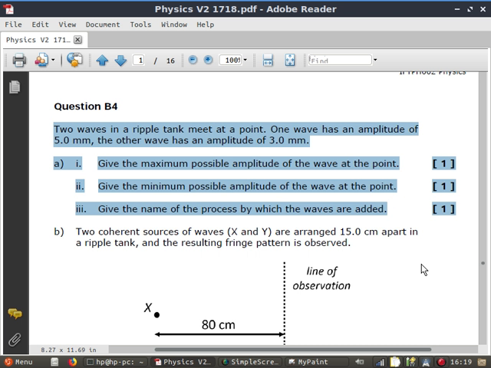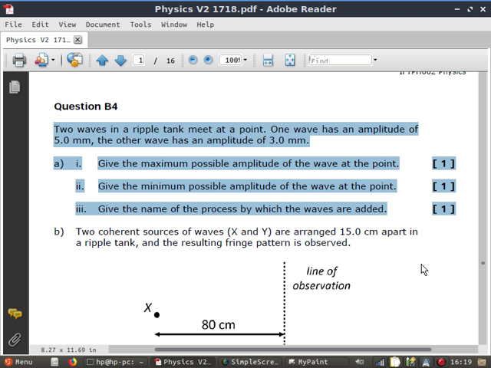Superposition states. Constructive interference. Not superposition states, just superposition. Where did you get this word superposition states? The definition of interference. Read it.